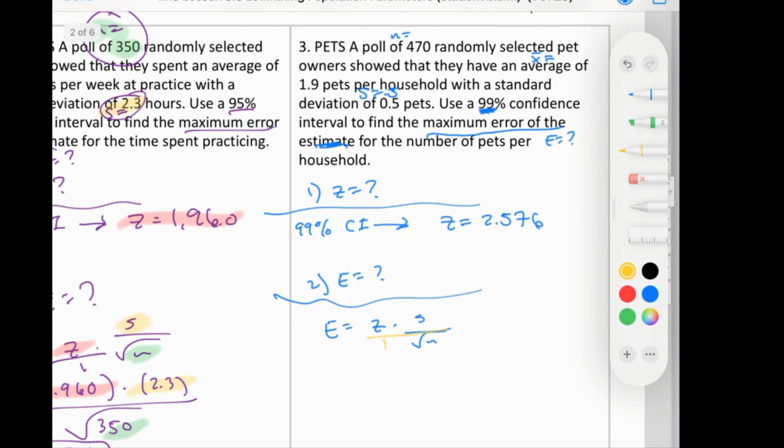Okay, let's do this color coding here to help you. Our Z score comes from right here. So let's write that in. E equals 2.576. Okay, and then our S value is our standard deviation. So standard deviation 0.5.